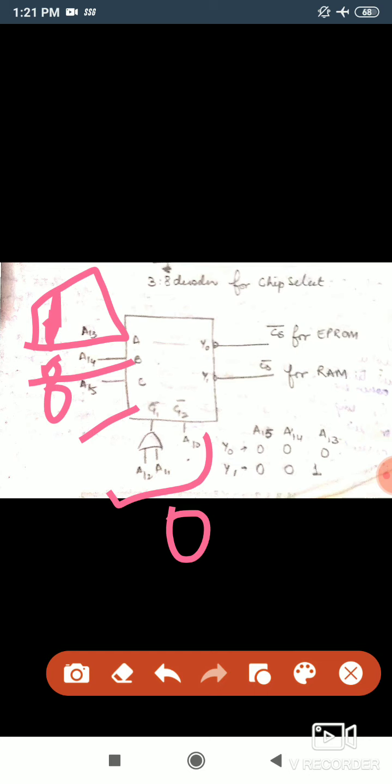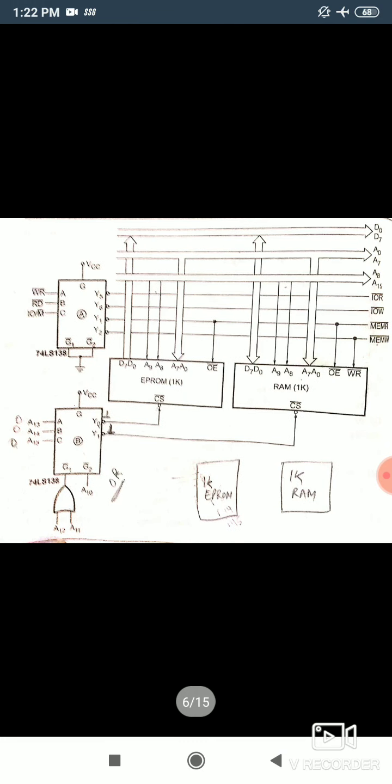So we can say here A0 to A15, all the address lines are used in absolute decoding or full decoding mapping. Now in this mapping we have taken this type of decoder. This is the example. Now Y0 and Y1 are being given to chip select. In this way we can interface our ROM and RAM with 8085.